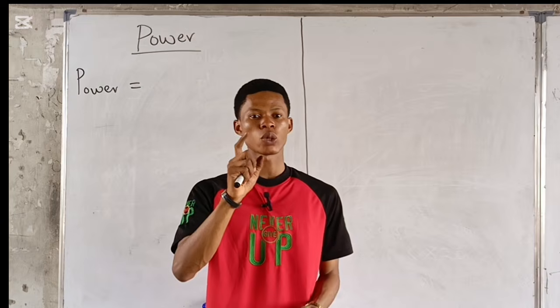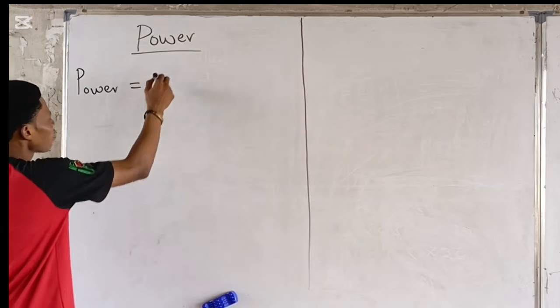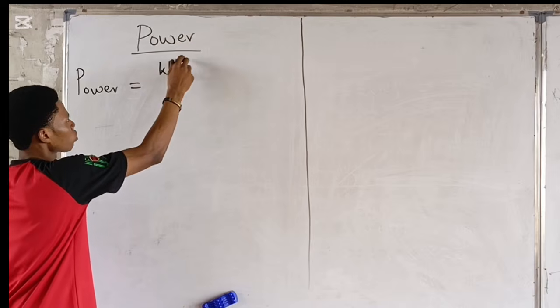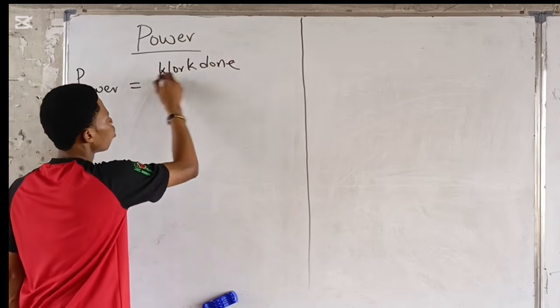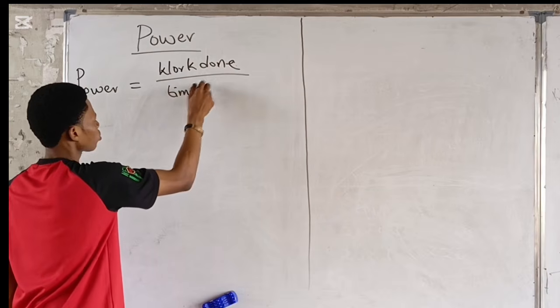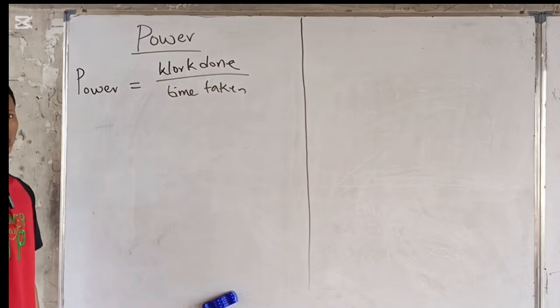So power is the rate at which work is done. And when we talk about rates, we are talking about time involved, right? So power is defined as the work done all over time taken. So power is work done over time taken to do the work.